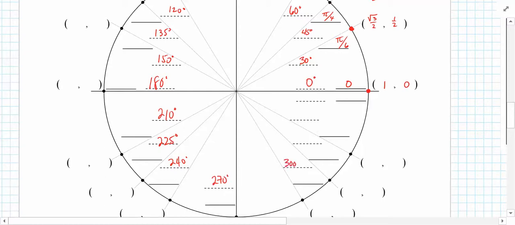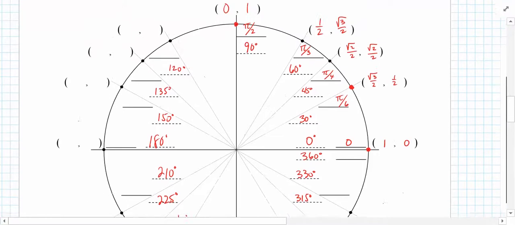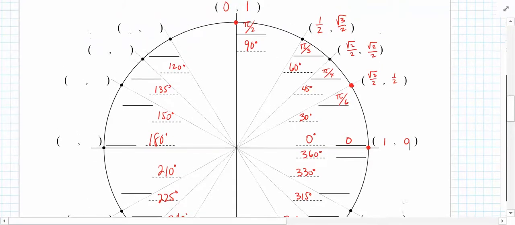Beyond that, we rotate into 300 degrees, 315 degrees, 330 degrees, and then one full revolution would bring us back to 360 degrees. And that completes all of the degree angle measures for the unit circle.